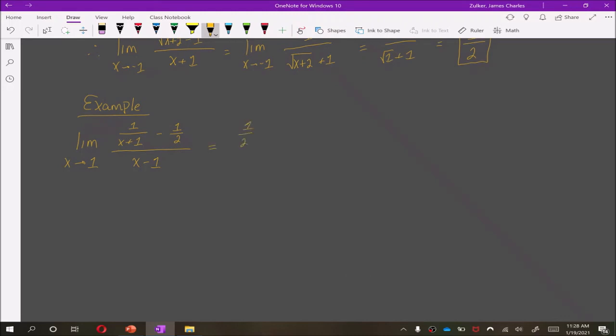We'll have a half minus a half over 1 minus 1. This will give us, once again, 0 over 0, which is indeterminate. So let's try and simplify.